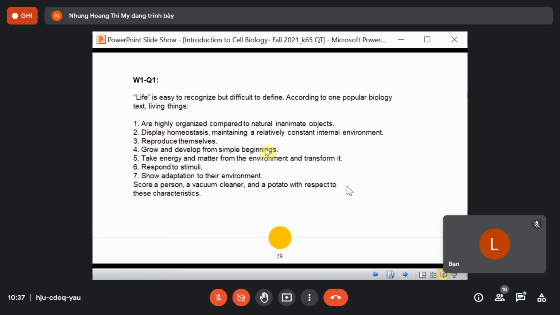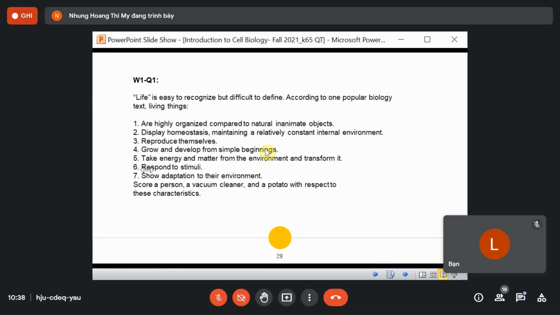Okay, so now we have a question and a new practice to do as an assignment in the classroom. Through the introduction part of cell biology, you may know about what life is, right? The definition of life. Life is easy to recognize but difficult to define, because we have many ways to define life.